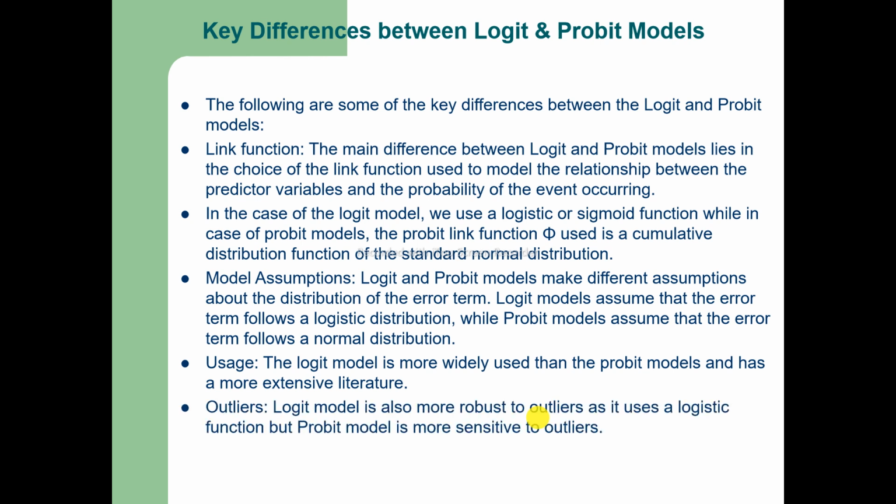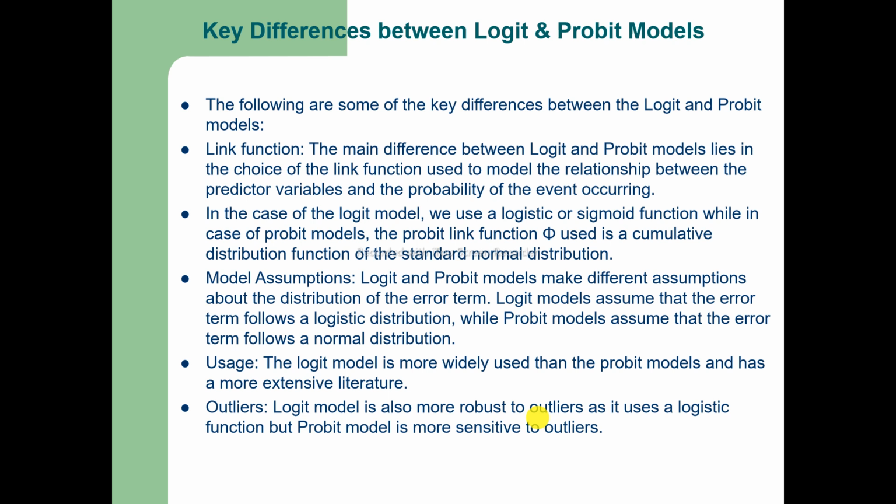Another difference between the two models is that Logit model is more robust to outliers as it uses a logistic function, but Probit model is more sensitive to outliers. So, on this count, Logit model is a bit more preferred as compared to the use of Probit model.